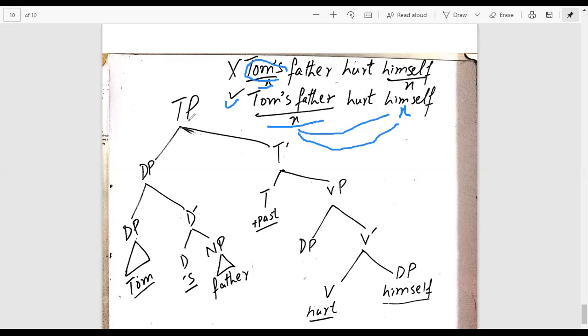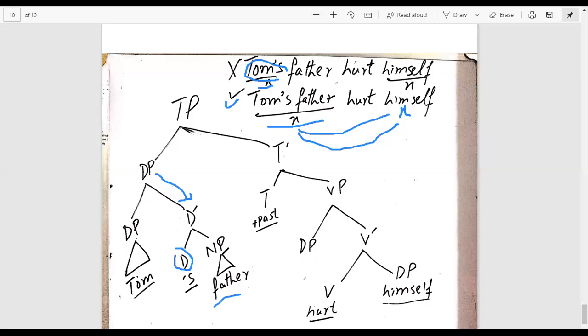Let's look at an example. TP, tense phrase, I use, then DP and T bar. Under the DP you have DP, that is determiner phrase, and then you go to the D bar level. Under the D bar level, first of all you see this D, or inflection, and then you also have NP.